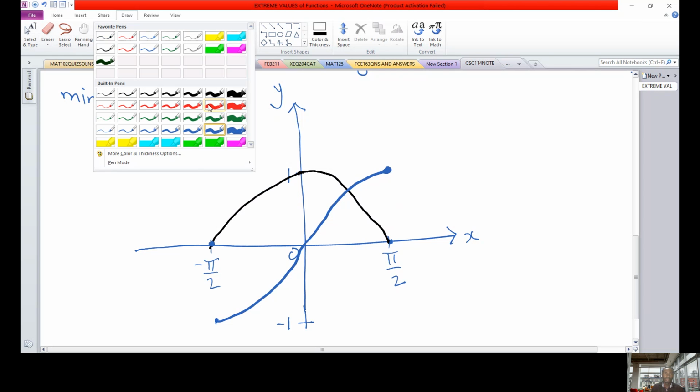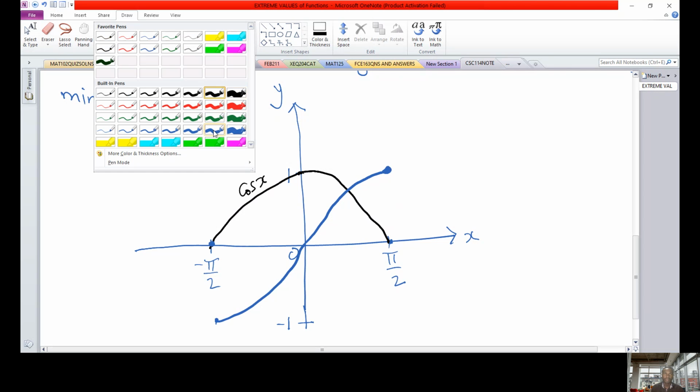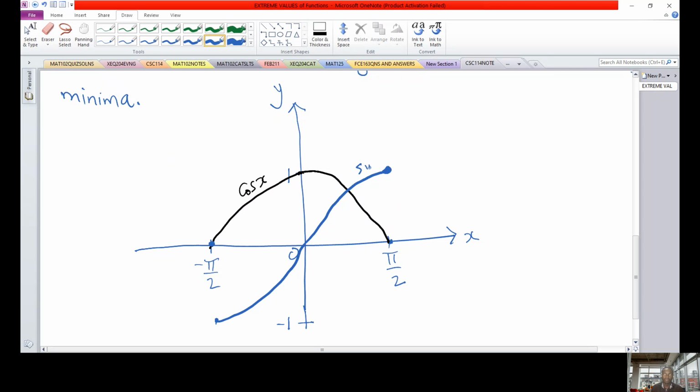The black one is the cosine function, the other one is the sine function. So this is the maximum value, and this is also the maximum value of the sine.